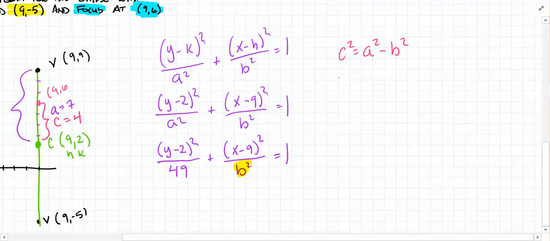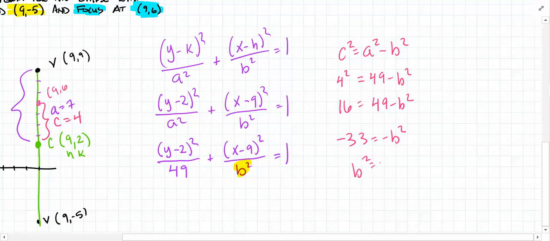So now here we go. That means 4 squared is equal to a squared, which is 49, minus b squared. So I get 16 is equal to 49 minus b squared. So that means I'm going to have negative 33 equals negative b squared. So b squared must be 33.